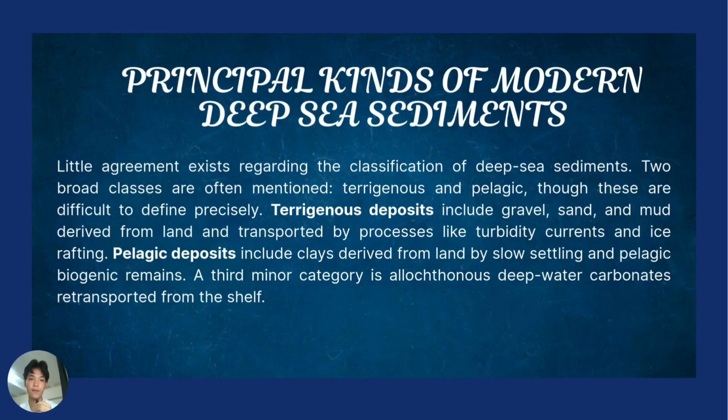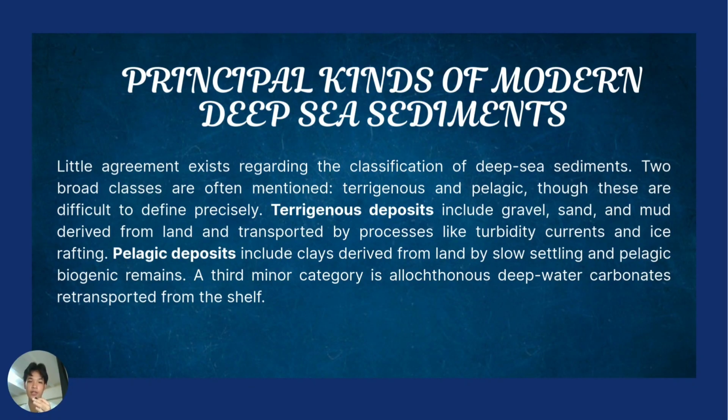And now we have principal kinds of modern deep sea sediments. Little agreement exists regarding the classification of deep sea sediments. Two broad classes are often mentioned, terrigenous and pelagic, though these are difficult to define precisely.